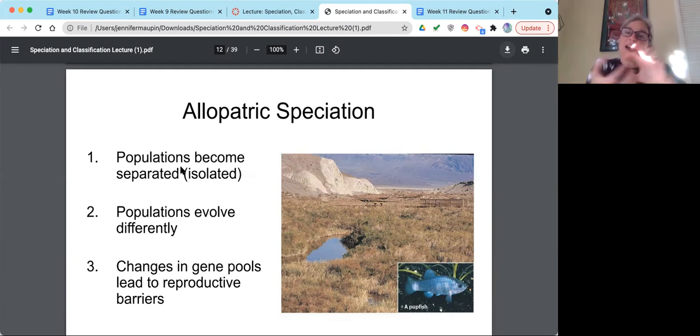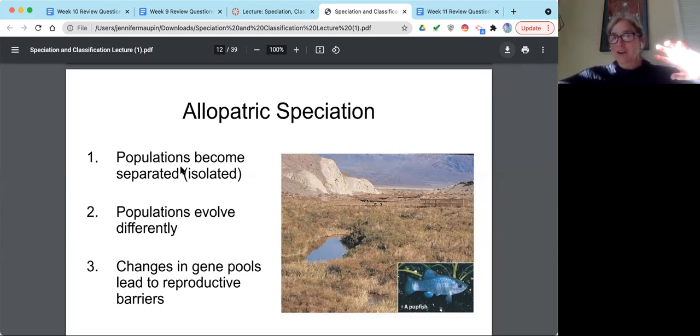And then once they're isolated, these two populations that are now isolated from each other evolve differently. This is often like a mainland population, like we'd have here in Santa Barbara, versus an island population when a few foxes from the mainland got stuck out on the Channel Islands.